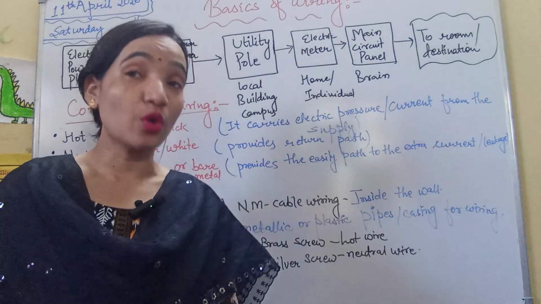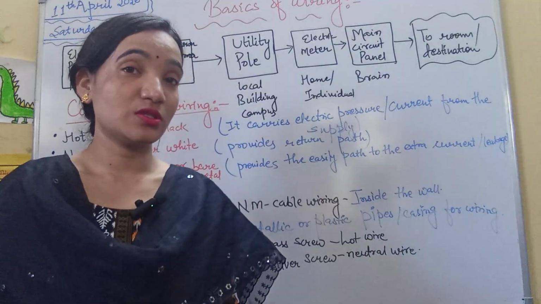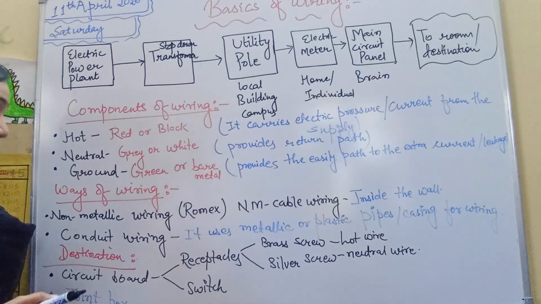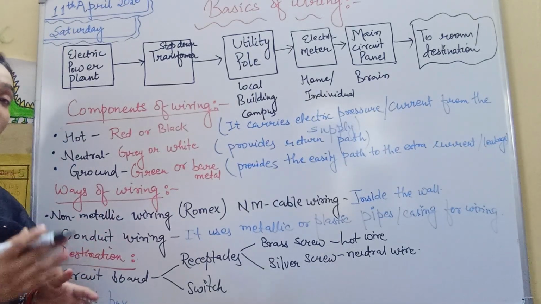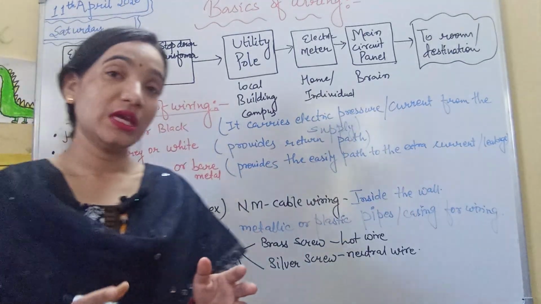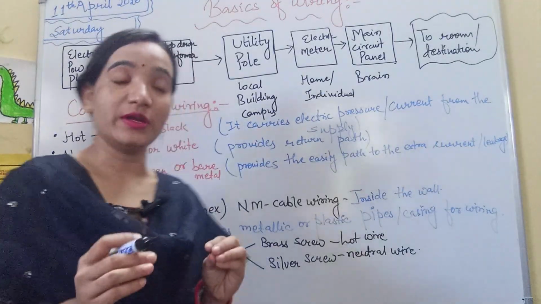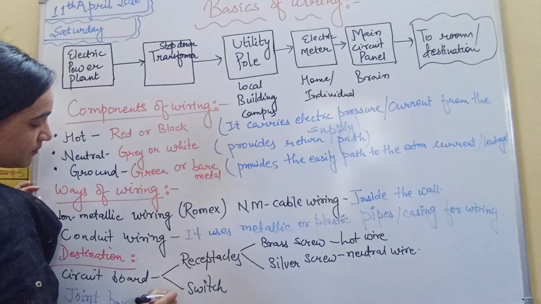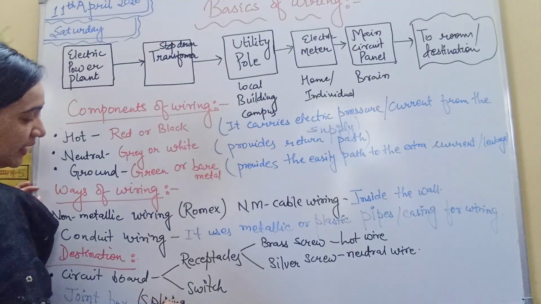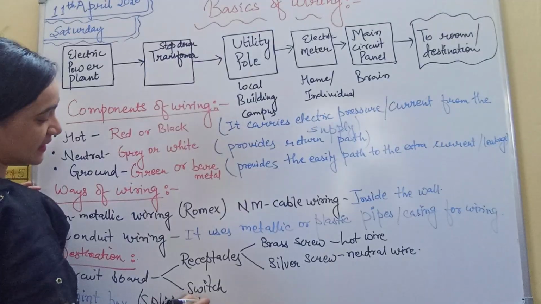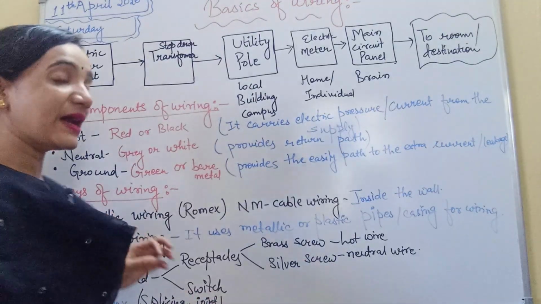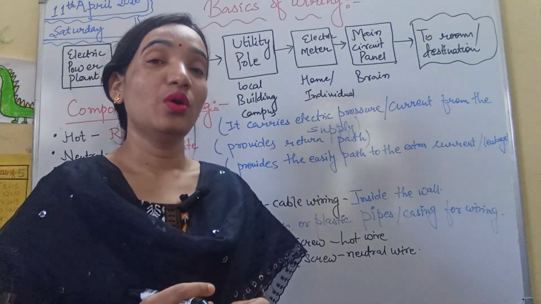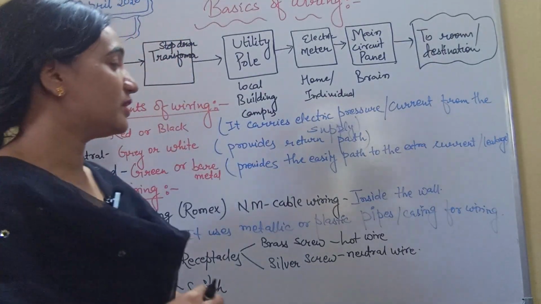So all the joints should be done in a box or be cased. Splicing means we are joining two wires.